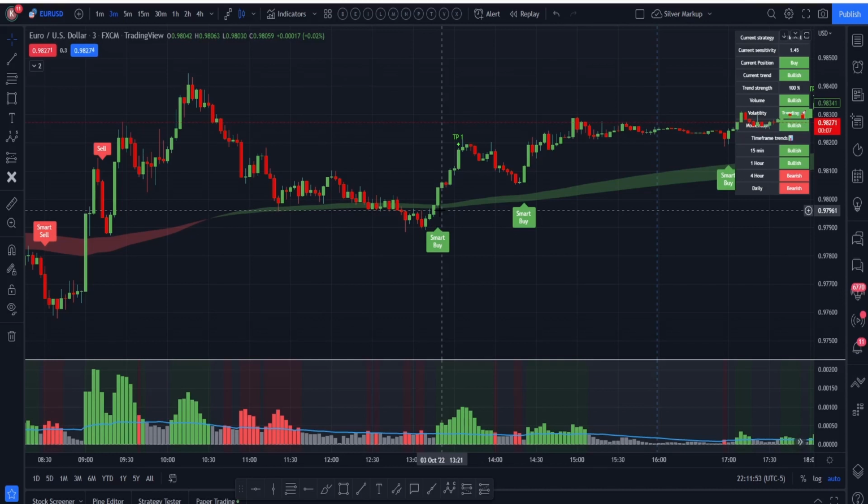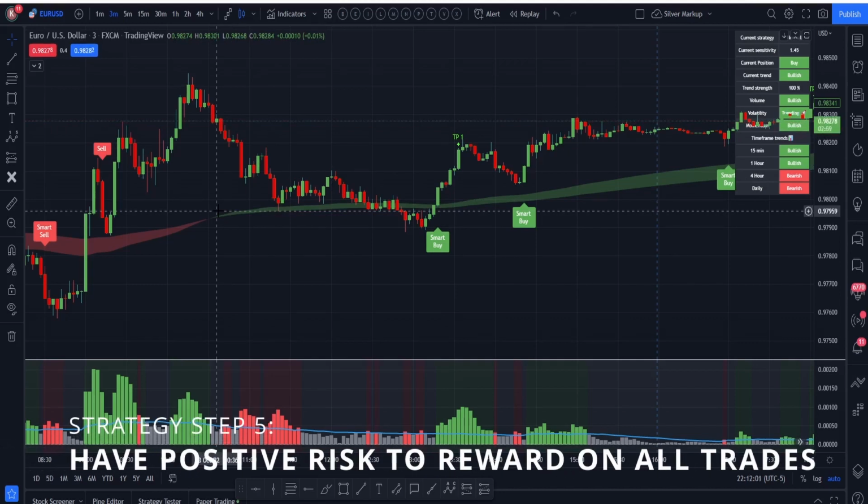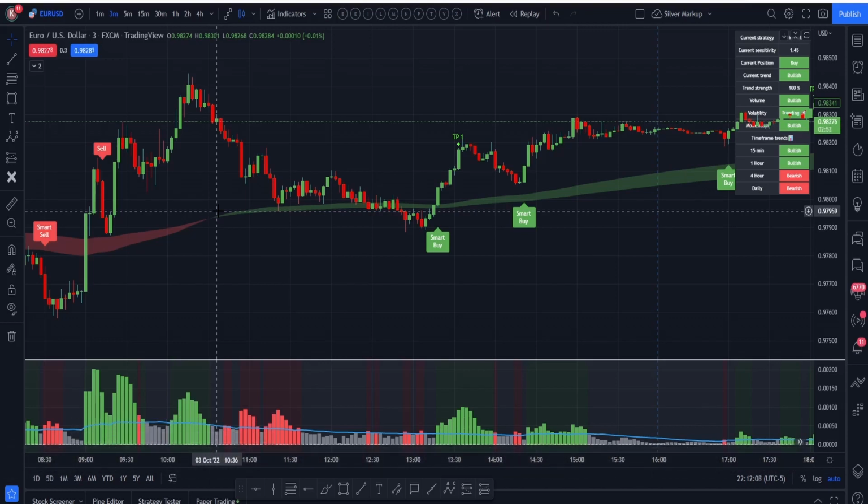And with this scalping strategy, you want to have a positive risk to reward ratio, maybe like a 1 to 1.5. So for every $1 you're risking, you want to have a $1.5 reward.